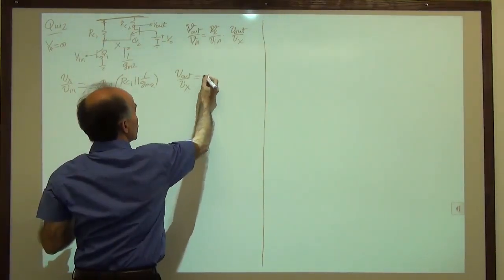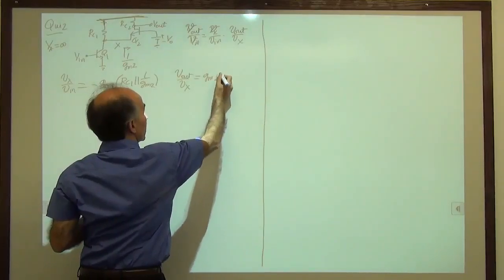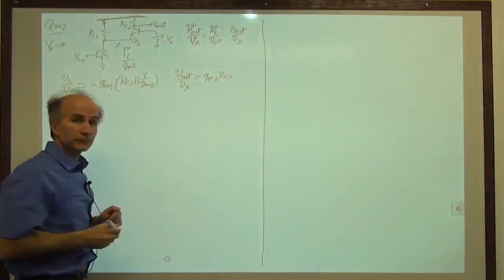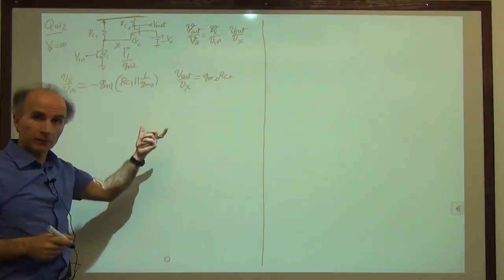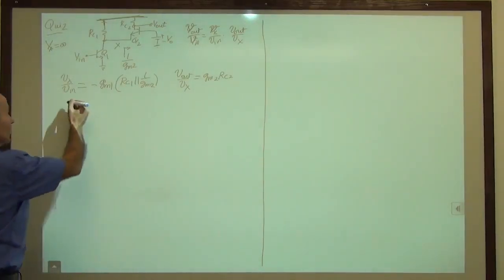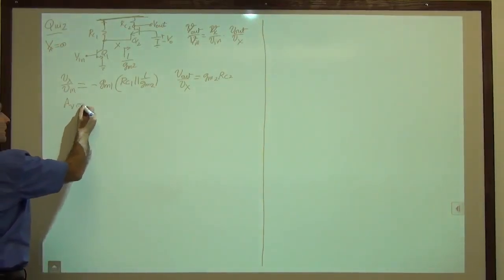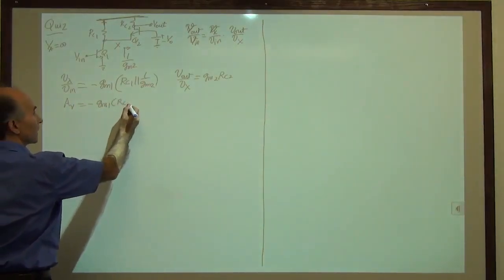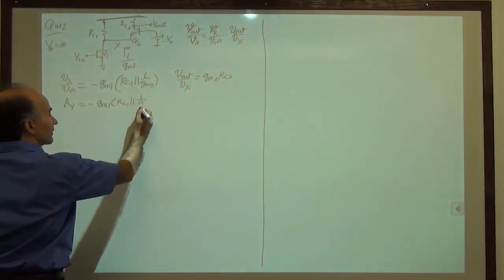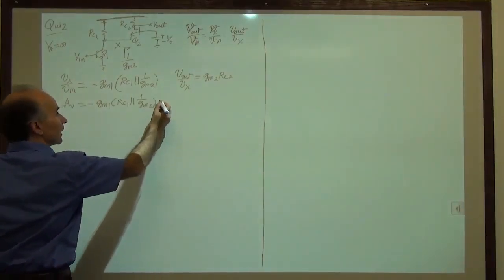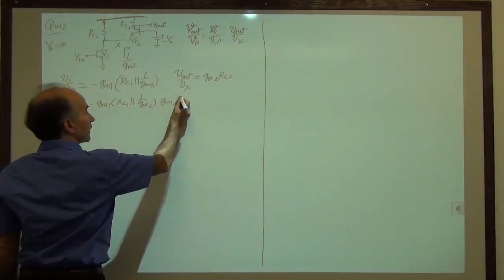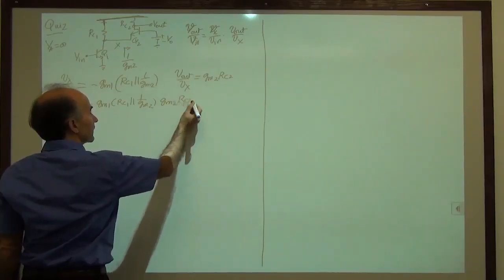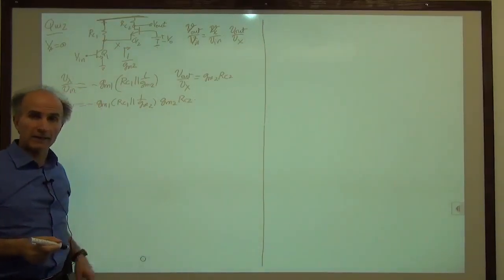So this one is just Gm2 times RC2. And we multiply these two to find the total gain. So we have Av equal to minus Gm1 times RC1 in parallel with 1 over Gm2, times Gm2 times RC2. And we just leave it as shown here.